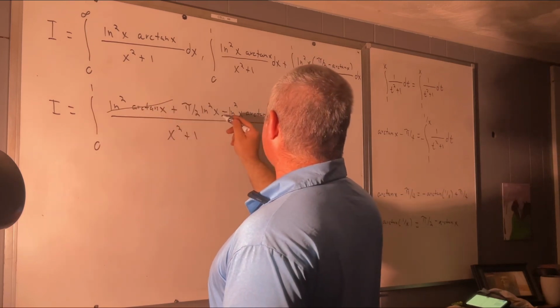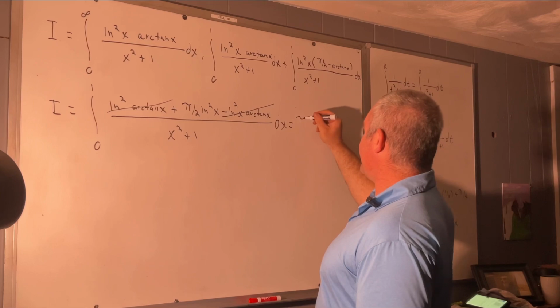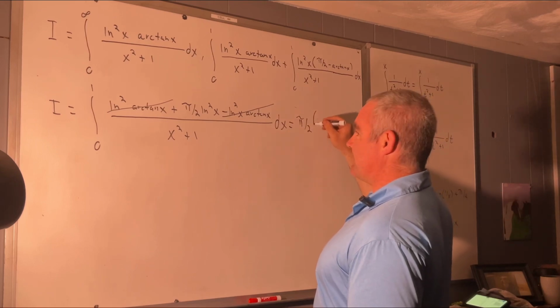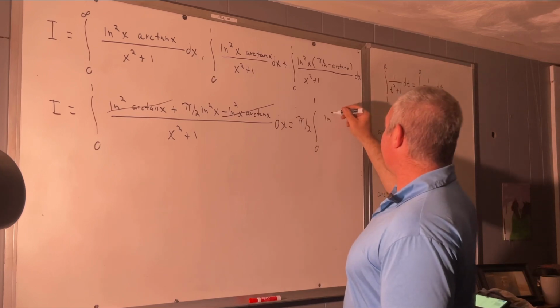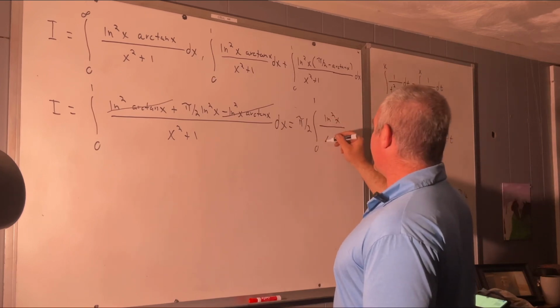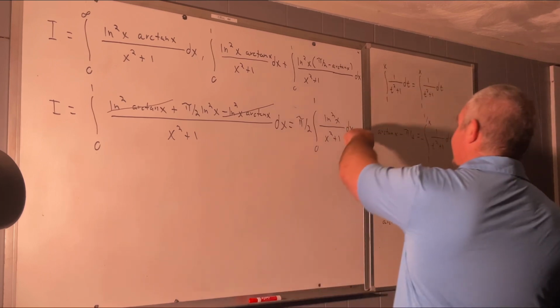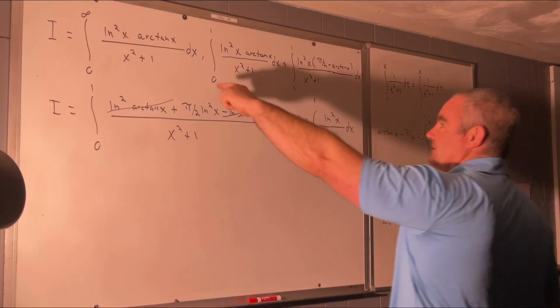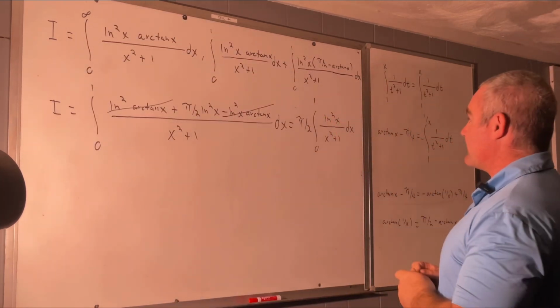This cancels with this, which is awesome, which just makes this equal to pi over 2 times the integral from 0 to 1 of natural log squared x over x squared plus 1 dx. All right, so that's much nicer than this, if you know some tricks.